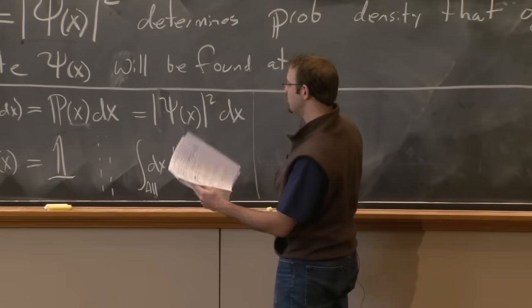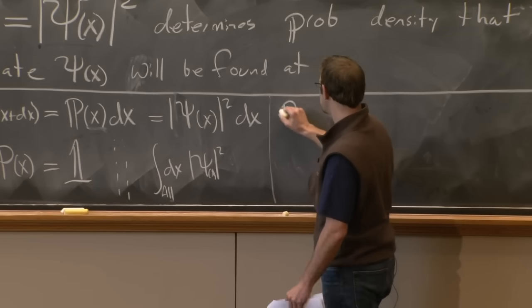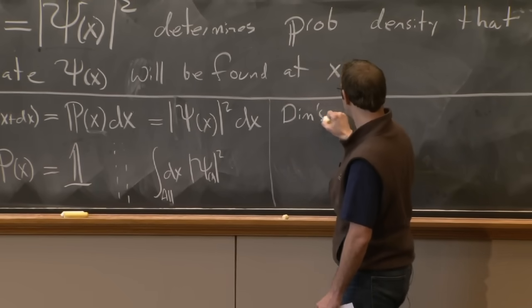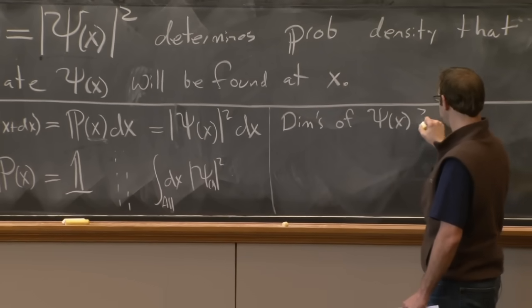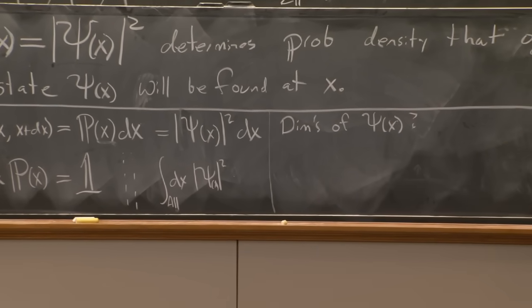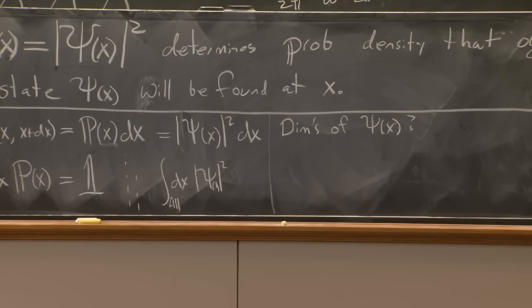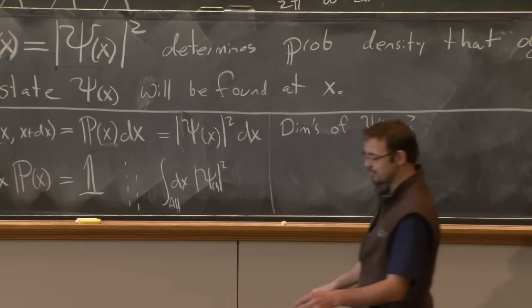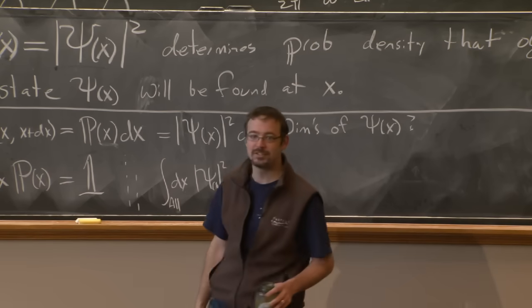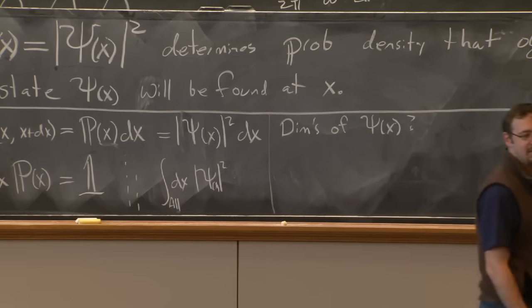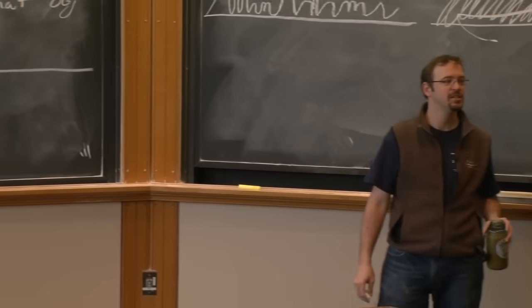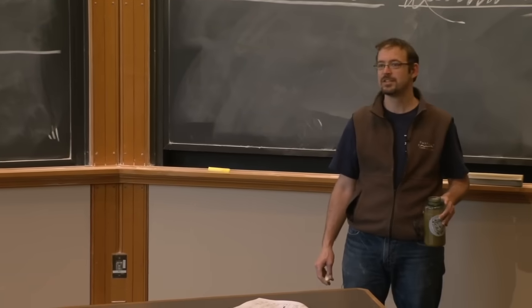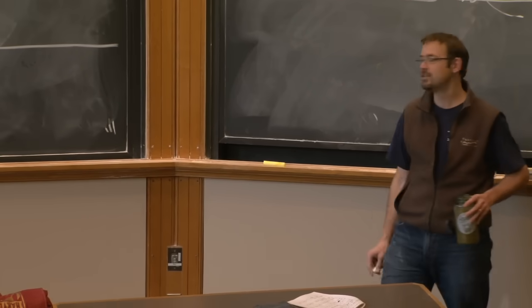Just as a side note, what are the dimensions of the wave function? Everyone think about this one for a second. Is it 1 over the square root of length?